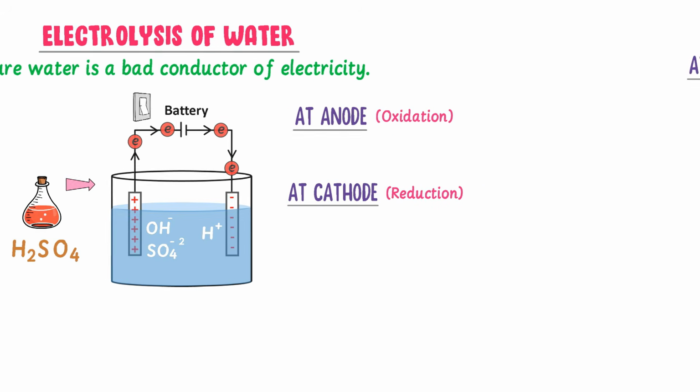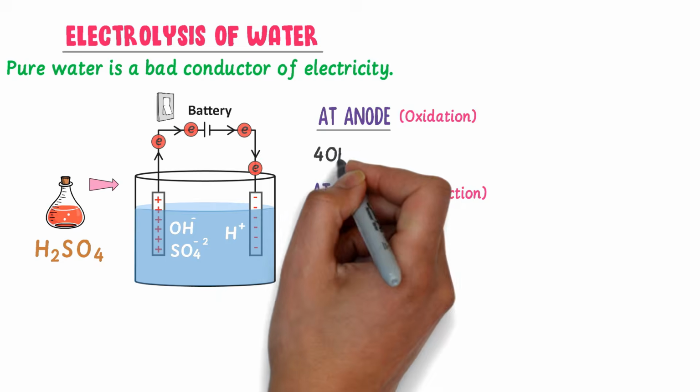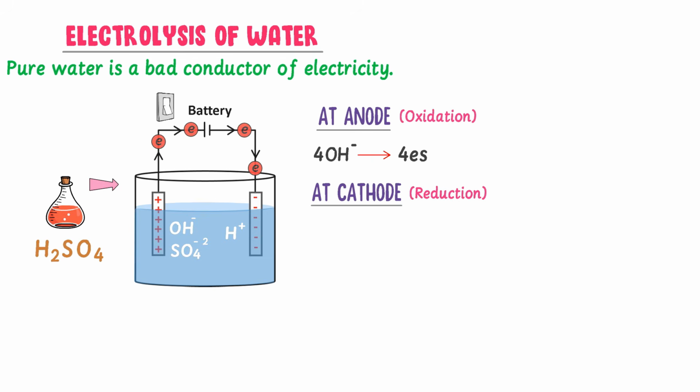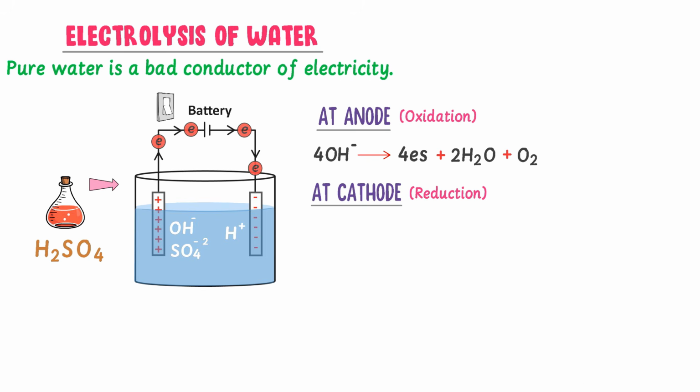Now we go to the previous slide. We write the anode reaction. 4 hydroxide ions lose 4 electrons to form 2H2O plus O2 gas. What about the cathode reaction? Well, it is very easy. We know that at the cathode, there is only hydrogen ion present.